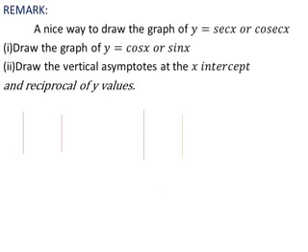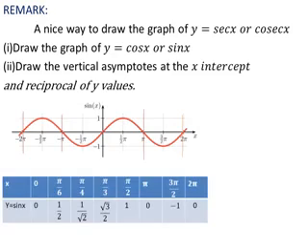Remark. Here we have a nice way to draw the graph of y equal to secant x or y equal to cosecant x. I am going to explain how to draw the cosecant x curve from sin x. Similarly, you can try for secant x from cosine x. First, we have to draw the graph of y equal to sin x using the table given below.